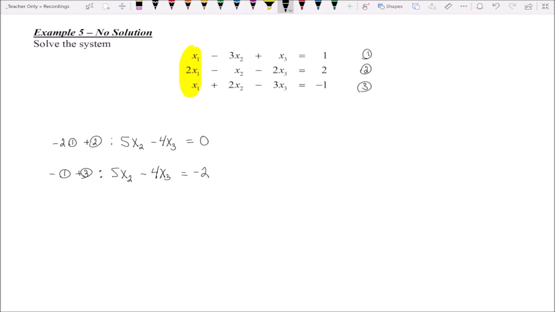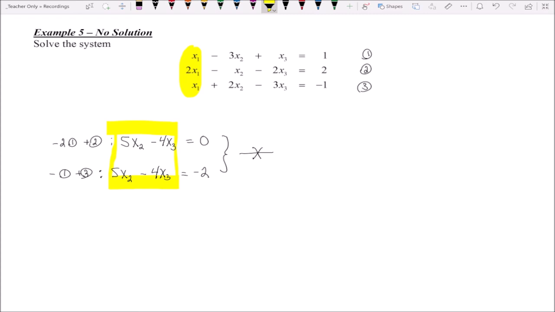Now, right here, we can stop. This results in what is known as a contradiction. If you look, both terms on the left are identical, yet they are equal to 2 different values.